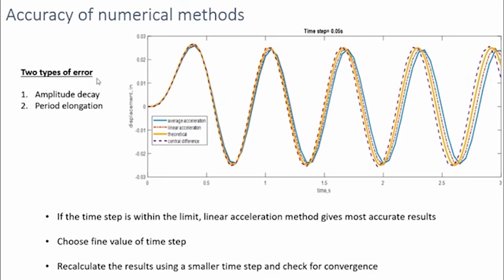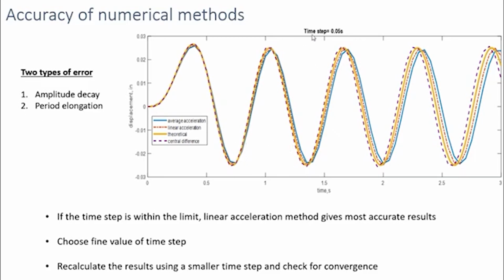The types of error due to this numerical formulation could be of two types. The first one is the amplitude decay, and the second one is the period elongation.